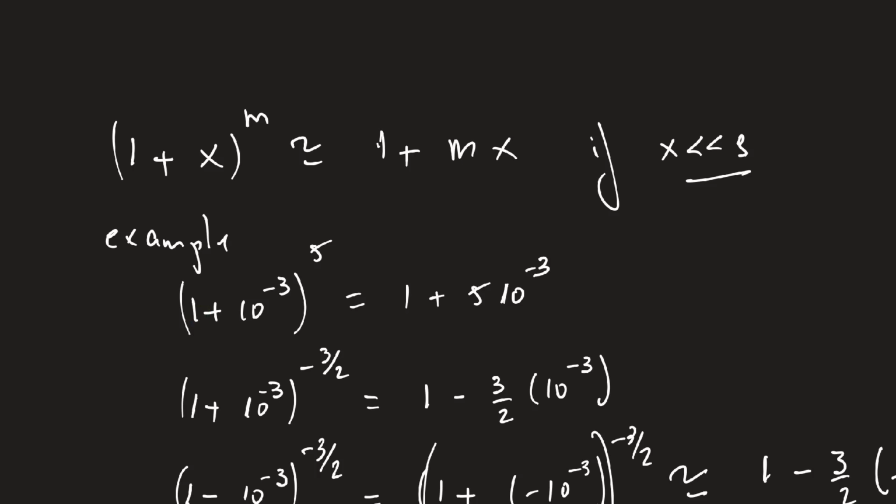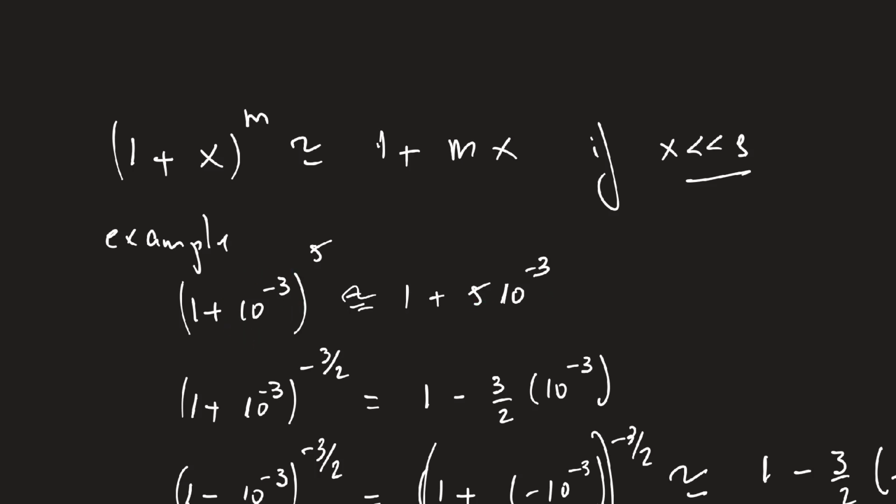This is an approximation: 1 plus 5 times the m, by the x, by 10 to the minus 3.